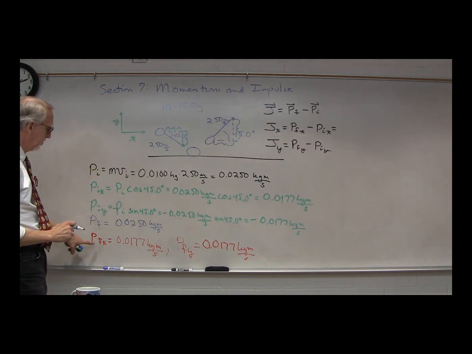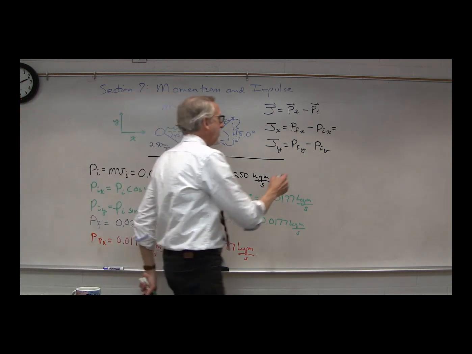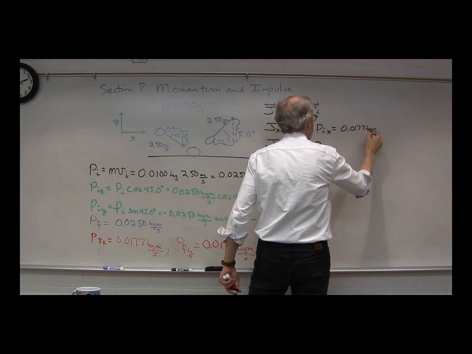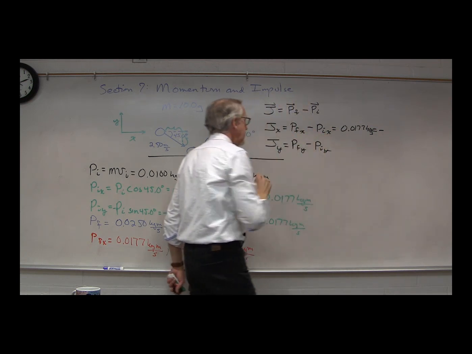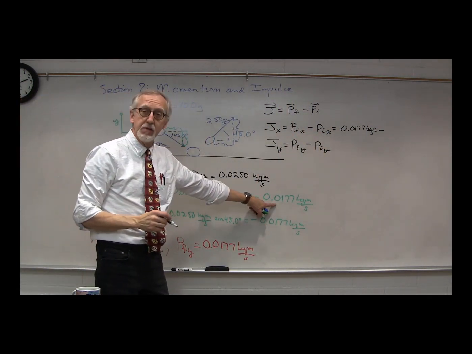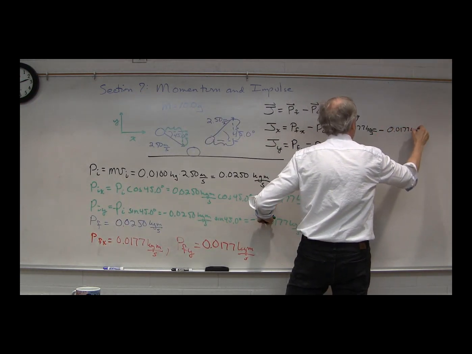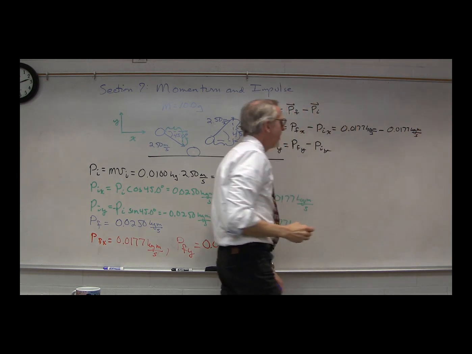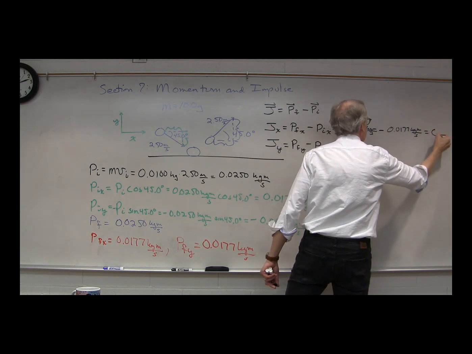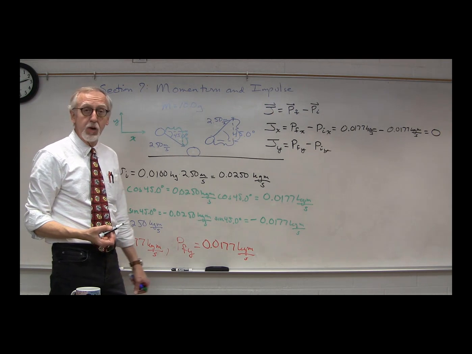P final x is 0.0177 kilogram meters per second, minus P initial x, which is 0.0177 kilogram meters per second. And what do we notice? That exactly cancels out. So Jx is 0.